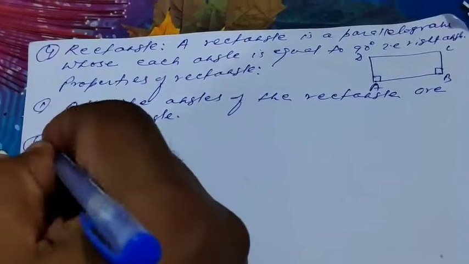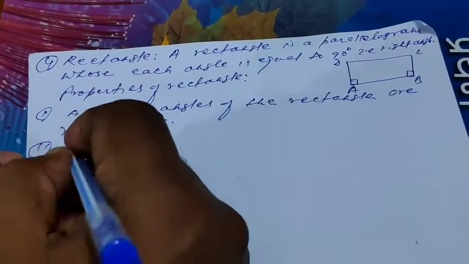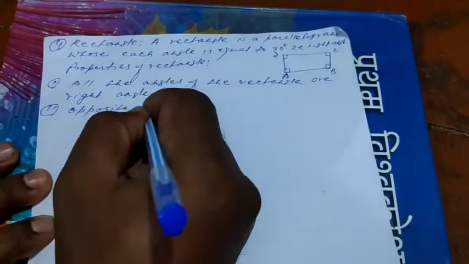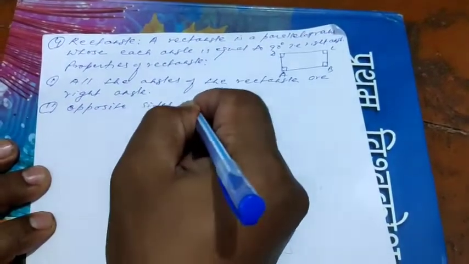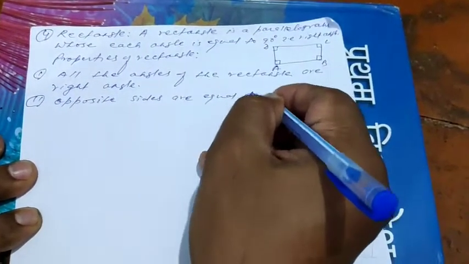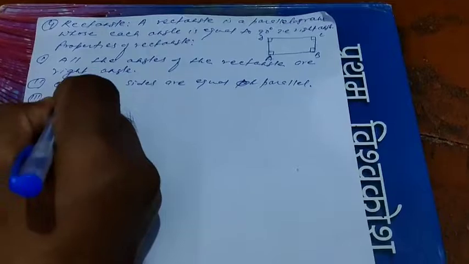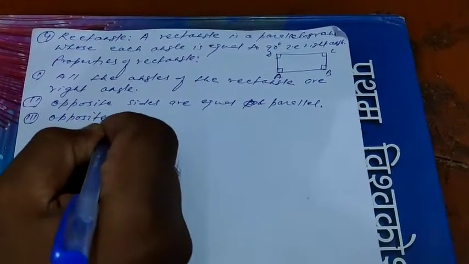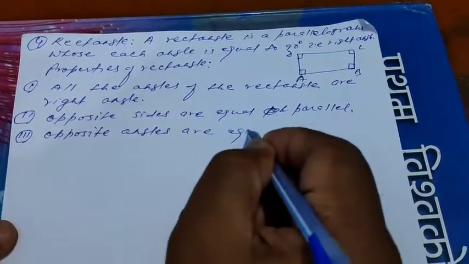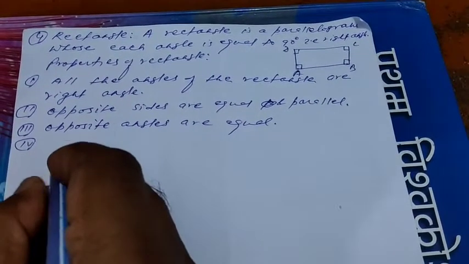Second, opposite sides are parallel and equal. Third, opposite sides are equal. Fourth, diagonals of a rectangle are equal.